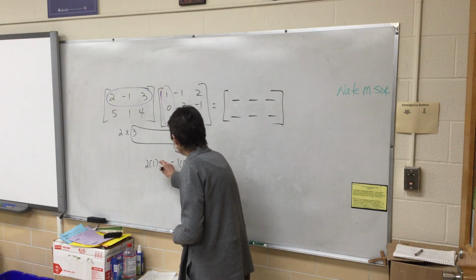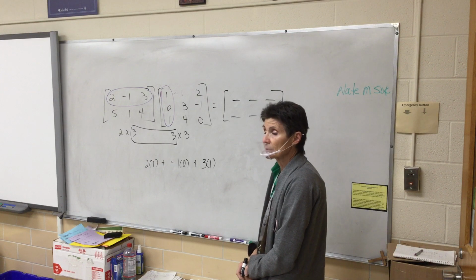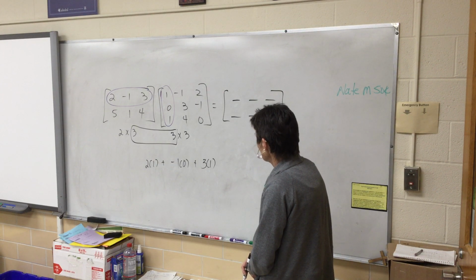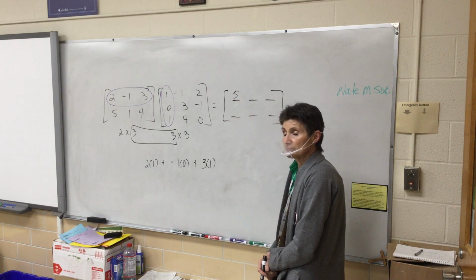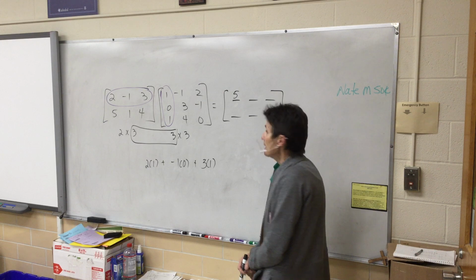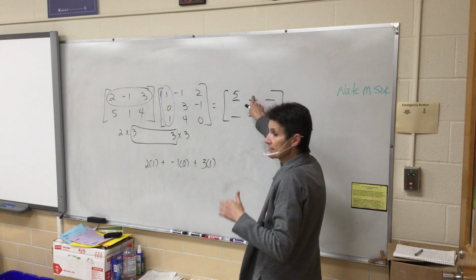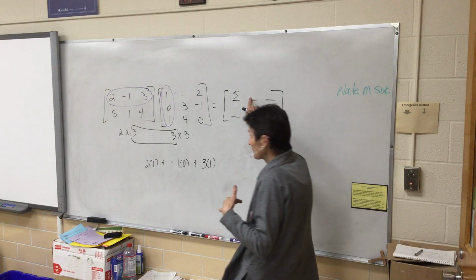And then I add them up. So I think the first number is 5. And then, it doesn't matter what order you go in, but I usually go across this way. This is the first row, second column.